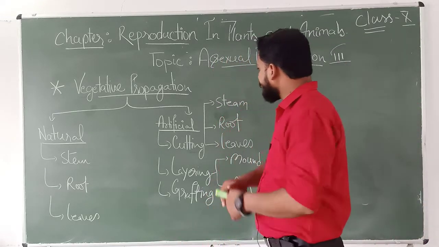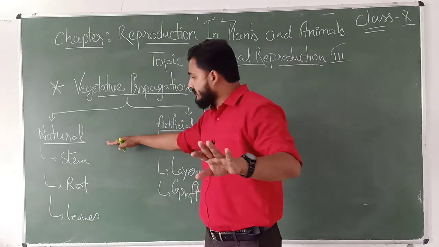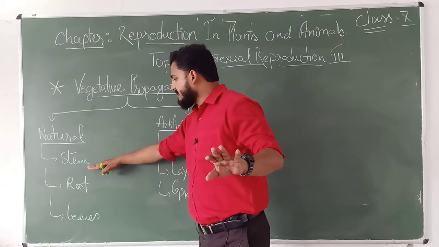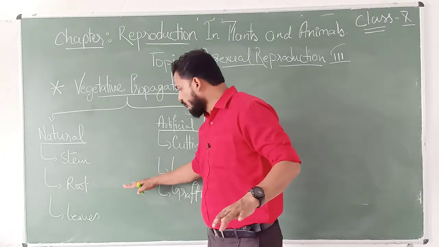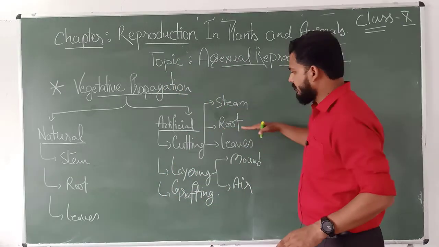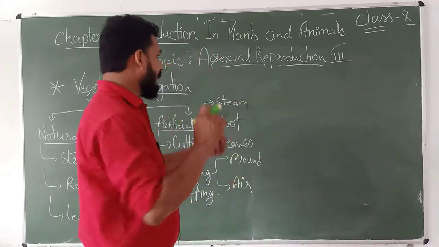So, to every place, natural vegetative propagation by stem, natural vegetative propagation by root, by leaves, artificial by stem, artificial by root. Similarly, you have to write its complete name.